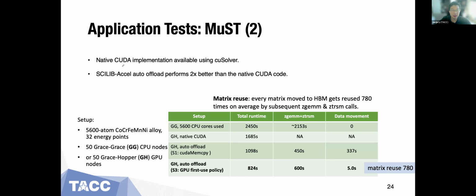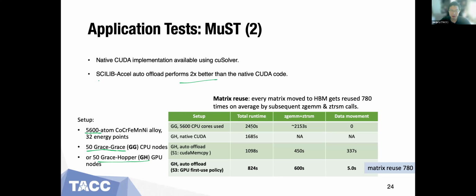MuST does have a native CUDA implementation using cuSolver, and it turns out automatic offload performs 2x better than the native CUDA code. Here I'm showing you the runtime. It's the same test case as in the previous slide: the 5,600 atom system running on 50 CPU nodes or 50 GPU nodes.